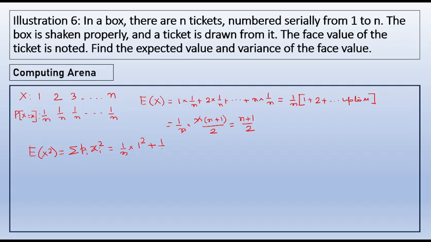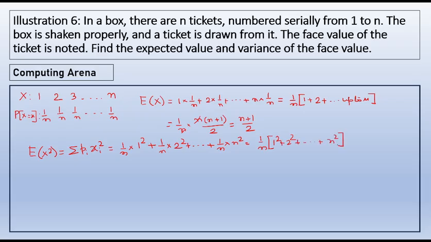Second value is 1 by n multiplied by 2 square, plus and so on, plus the last value is 1 by n multiplied by n square. So this is equal to, if I take 1 by n as common, 1 square plus 2 square plus up to n square.